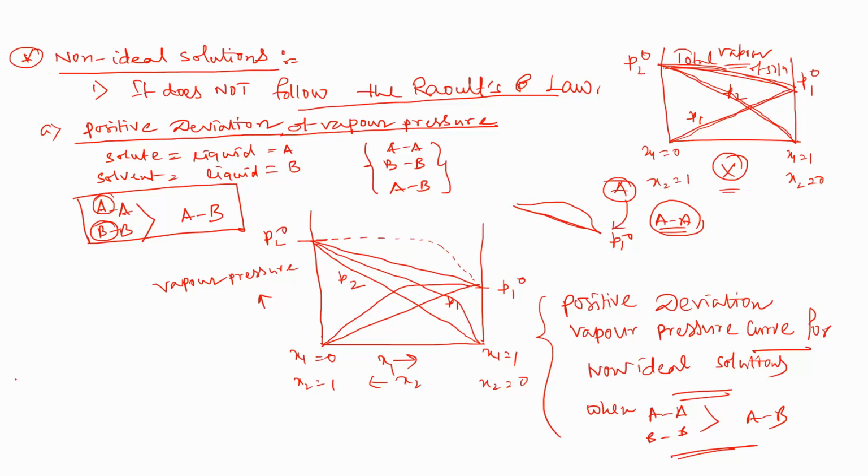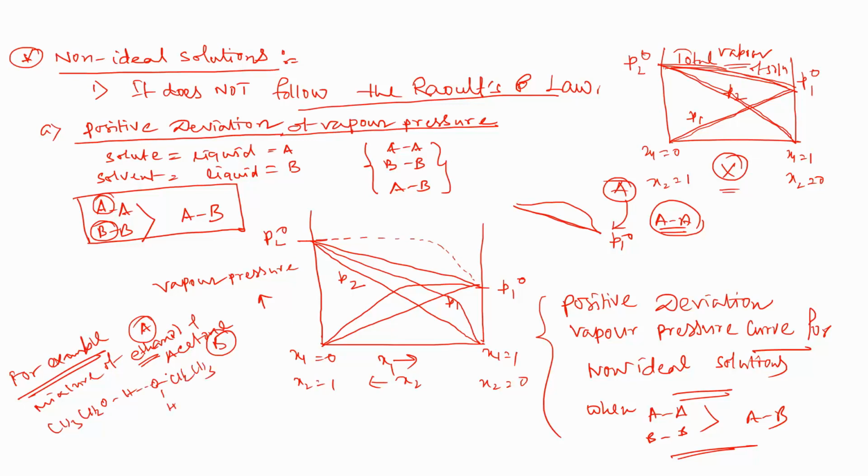For example, a mixture of ethanol plus acetone. Ethanol here is the solute and acetone is the solvent. Ethanol has hydrogen bonding between its molecules, so this is A and this is also A. This interaction is greater than the A and B interaction.